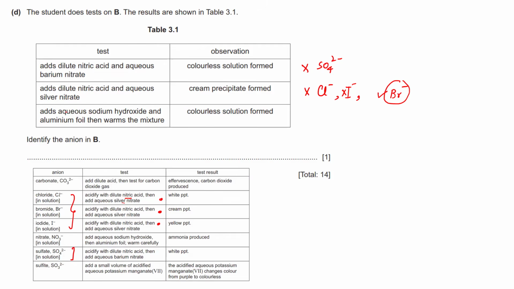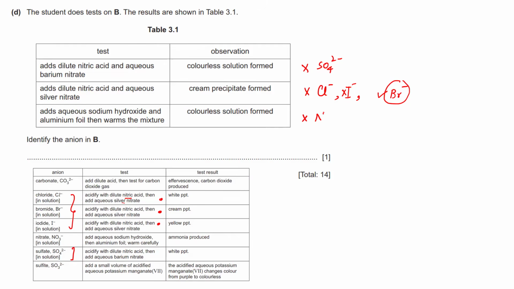Then it says add aqueous sodium hydroxide and aluminum foil and warm the mixture. Basically we are looking for nitrate ions. If nitrate is present and we warm, ammonia gas is produced, which has a very pungent smell and turns damp red litmus blue. We do not see any of this, and a colorless solution forms.